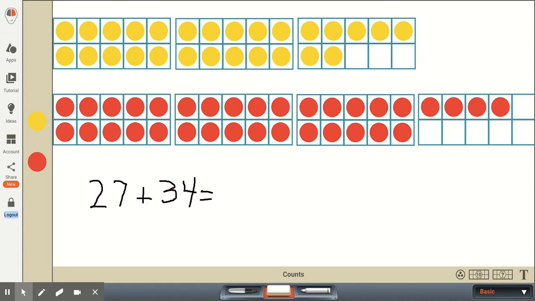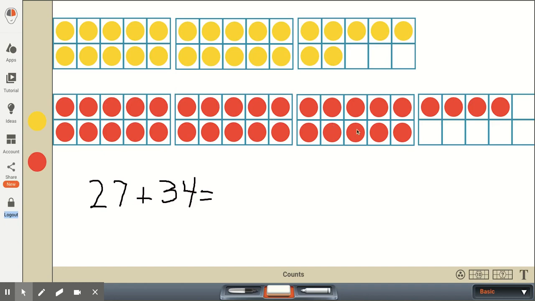So now we'll use an example of 2-digit numbers and add them both together. We have the numbers 27 and 34, and they're represented here by counters using our 10 frames: 2 10s and 7 1s, and 3 10s and 4 1s.